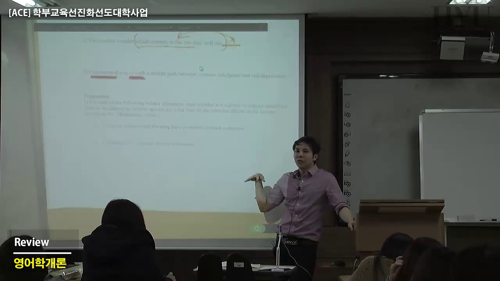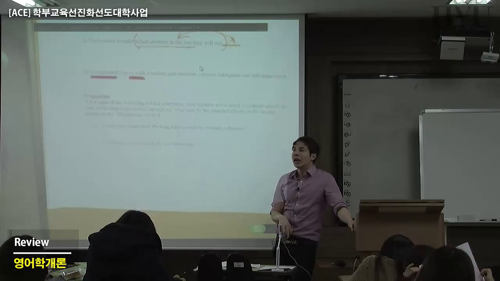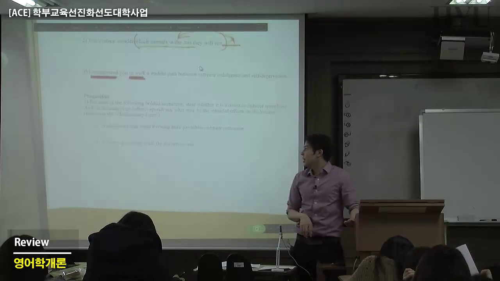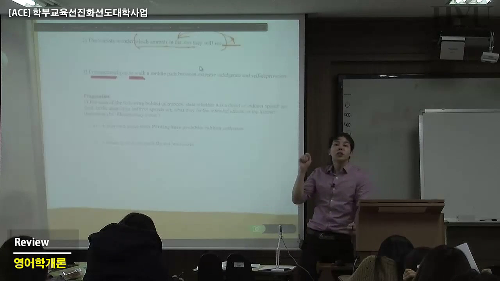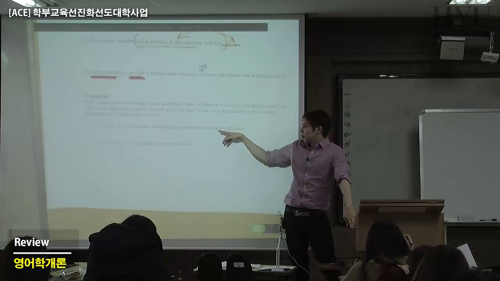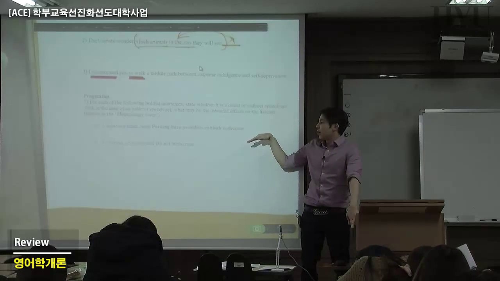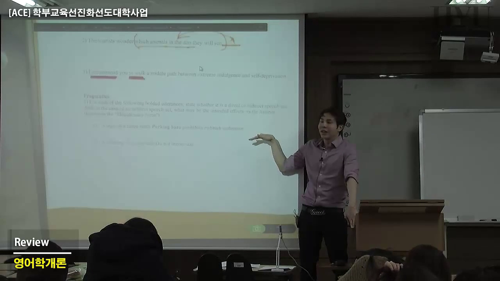Suppose that you drive a car and you want to park there, and you just see the sign here. It says, "Parking here prohibits rubbish collection." So the locutionary meaning, the literal meaning, is parking here will prohibit rubbish collection. So that's the locutionary meaning, right?